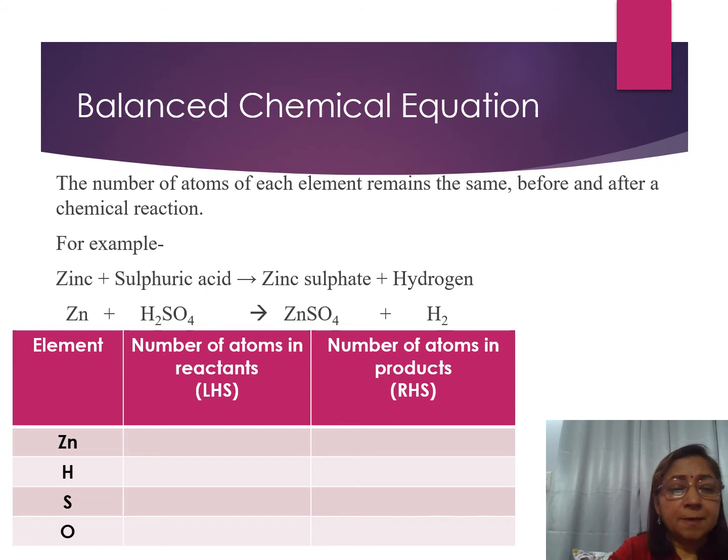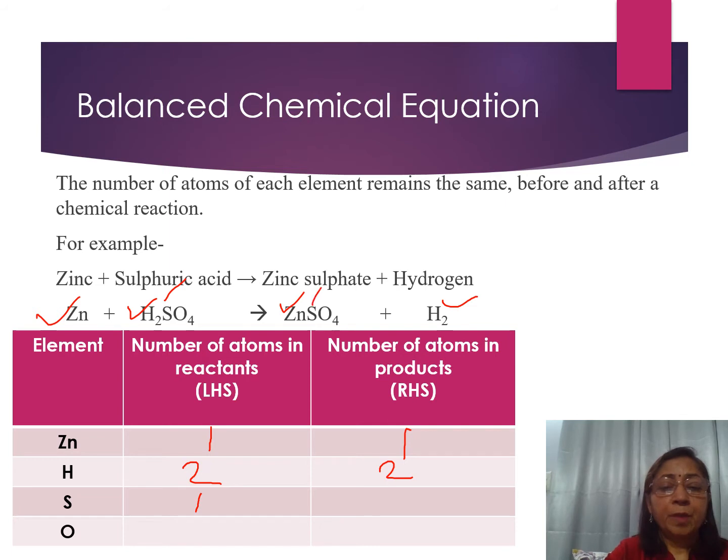First I'll take zinc. On left hand side 1, on right hand side 1. Then hydrogen on left hand side 2 and on right hand side 2. Then sulfur on left hand side 1, on right hand side 1.